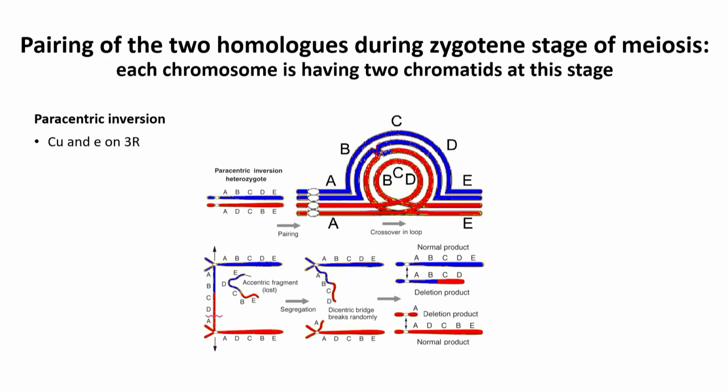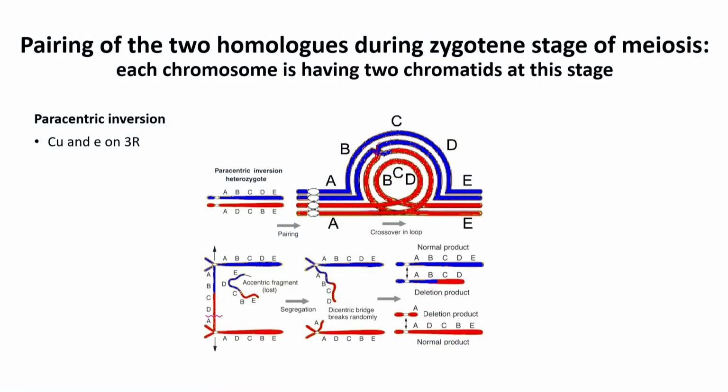After crossing over occurs during pachytene, in diplotene the crossing over can be seen. Then later in diakinesis, in metaphase 1, the two paired chromosomes will tend to separate. When they are separating, what will happen?